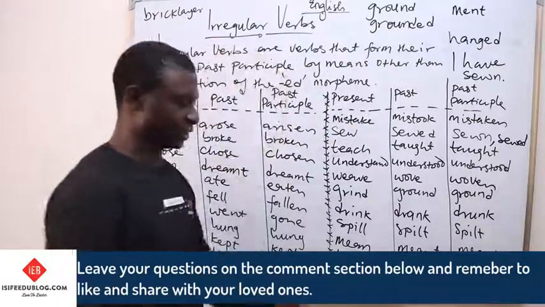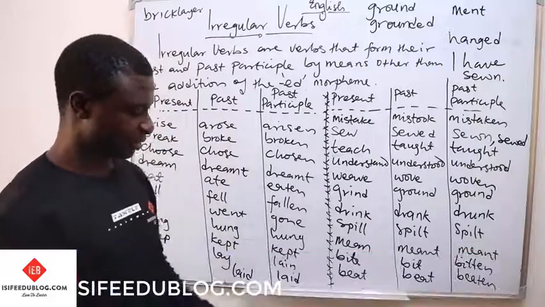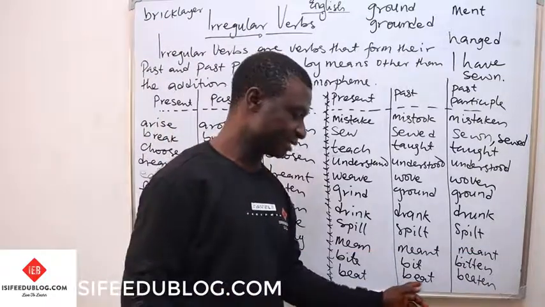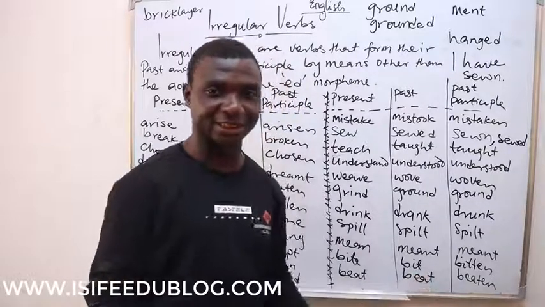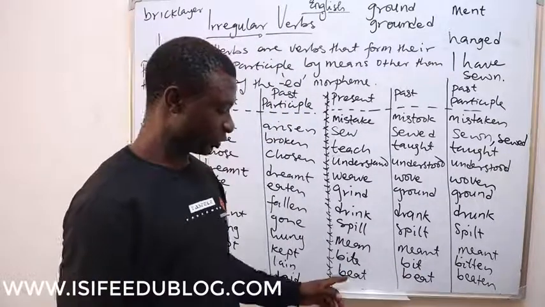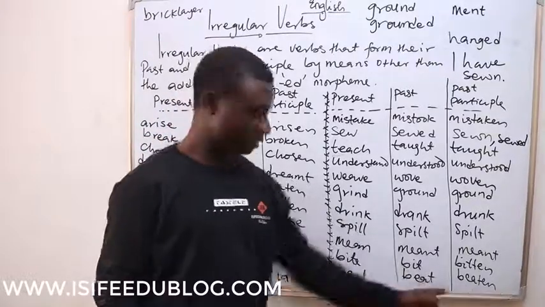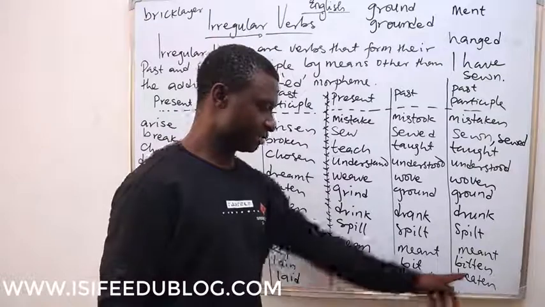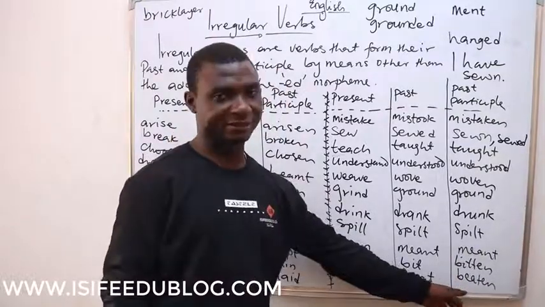B-E-A-T is beat, to beat somebody. The past tense is beat. So you see, beat, beat, beaten.